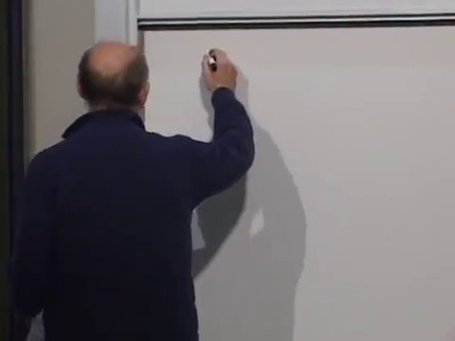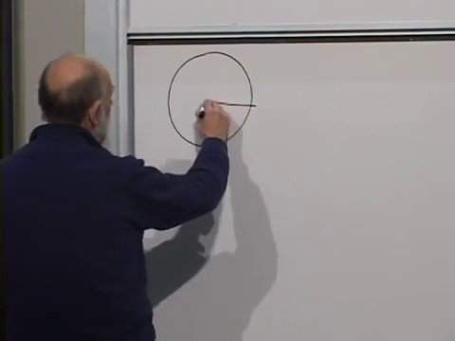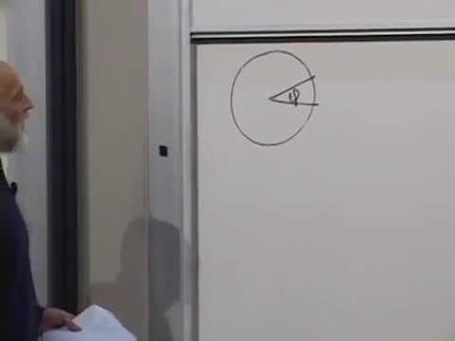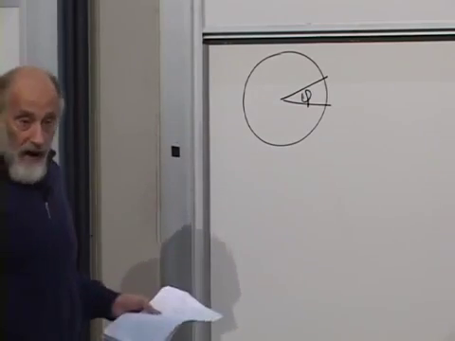So let's begin with the simplest case, which is the one sphere. If I take a unit one sphere, I could describe the points along that one sphere by an angle phi.